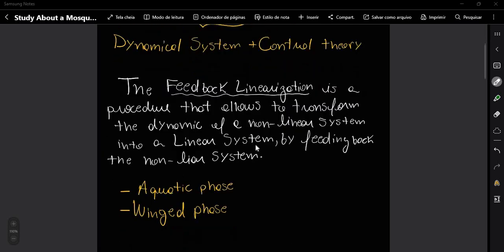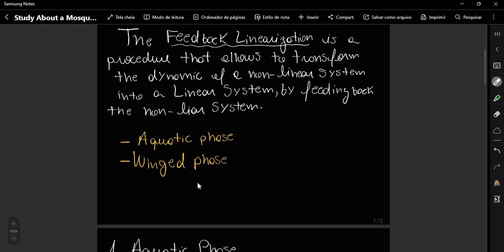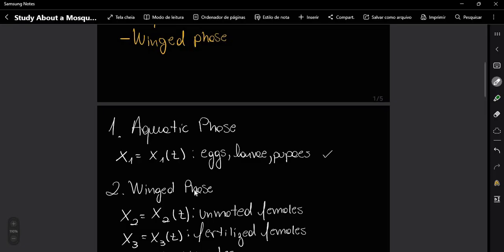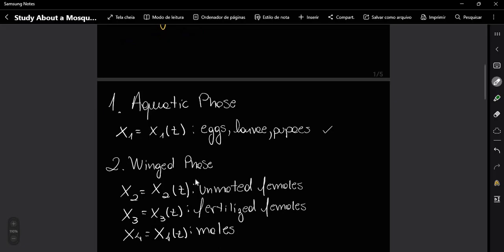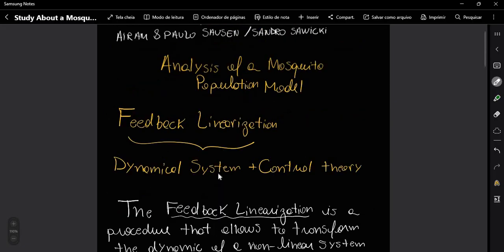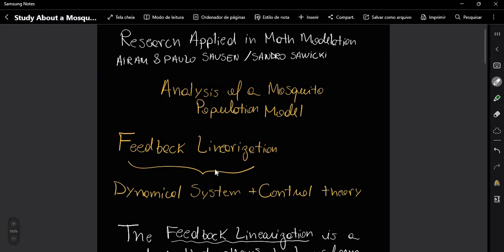So, this study proposed this method to control the dengue mosquito population. Also, again, let me credit the authors.